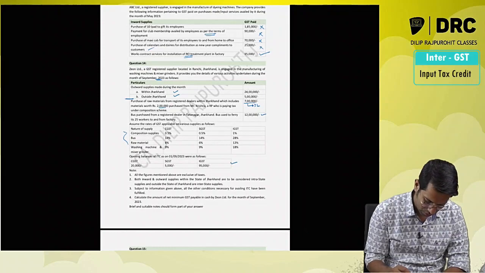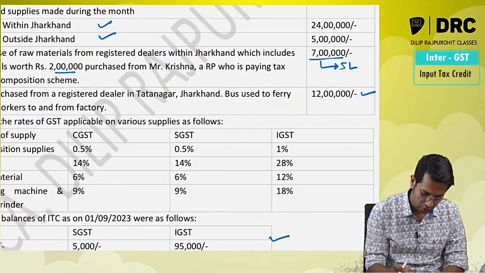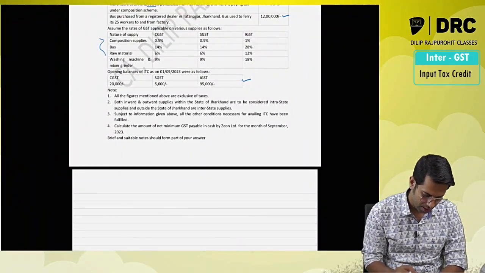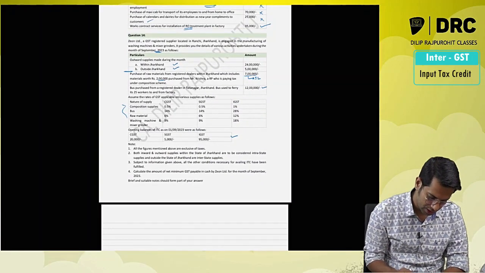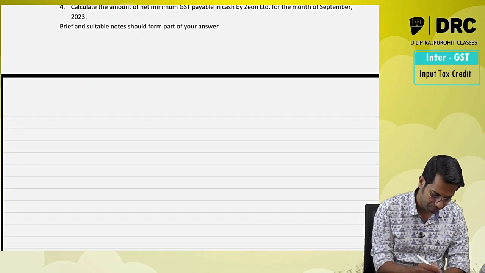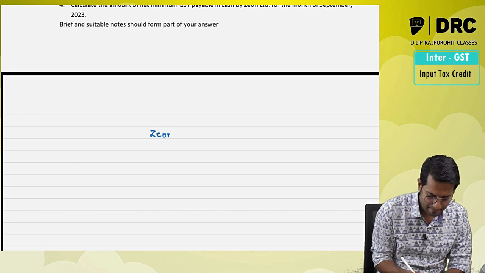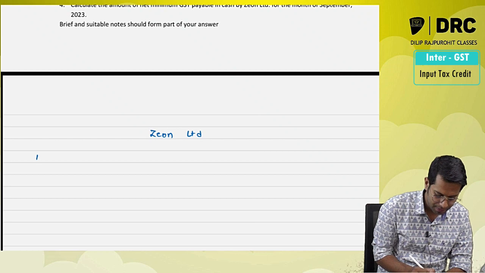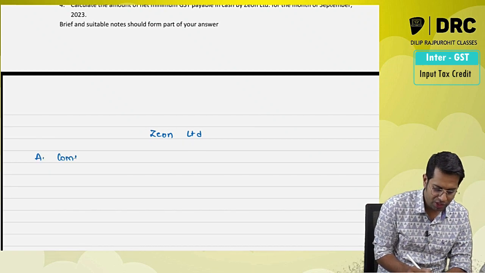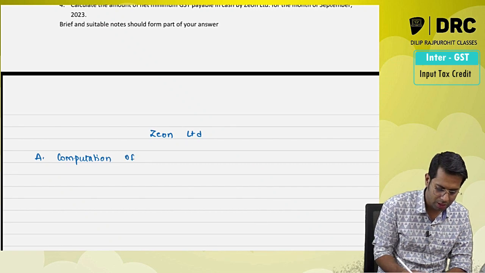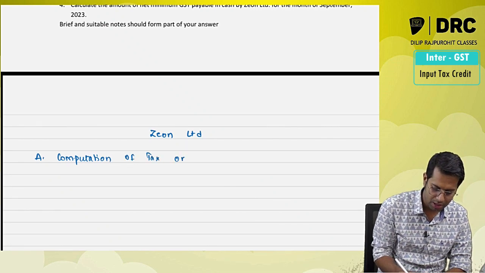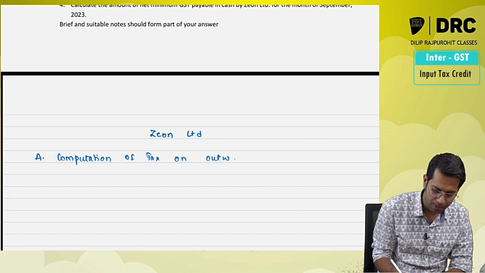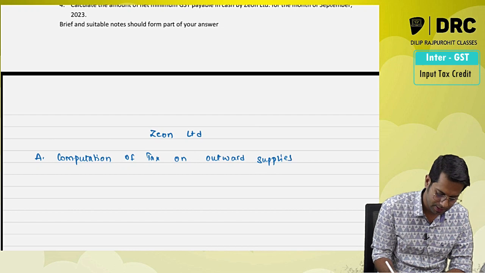What I'll do is add a sheet over here. Z Limited. Computation of tax on outward supplies.